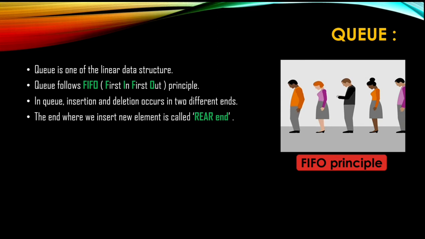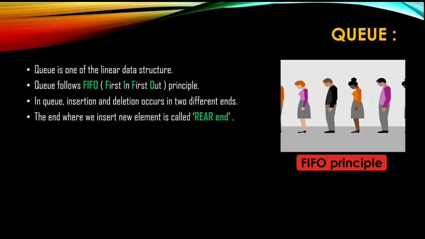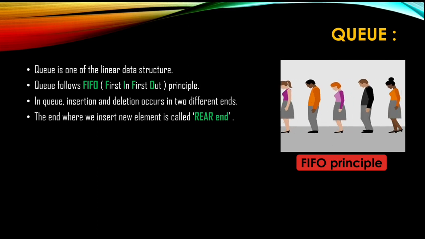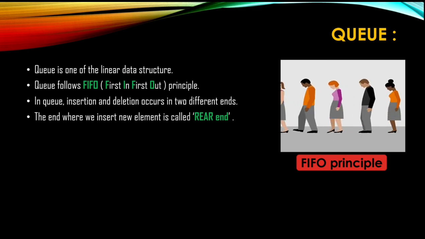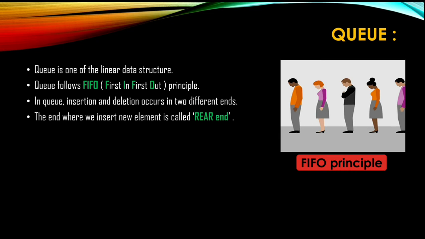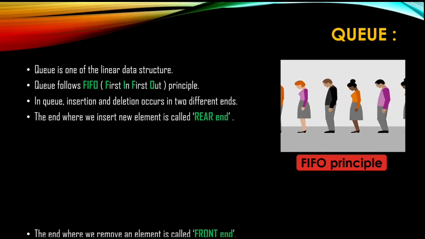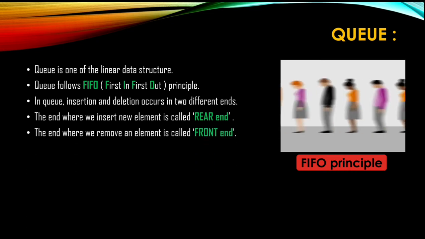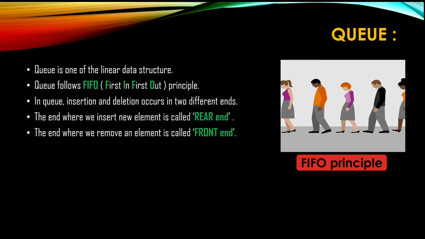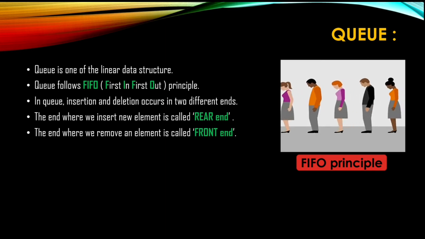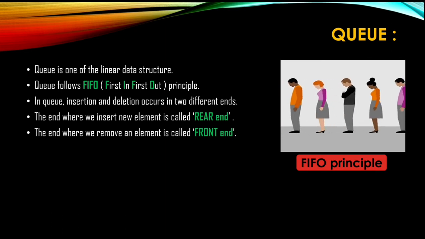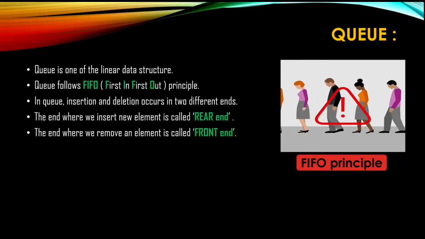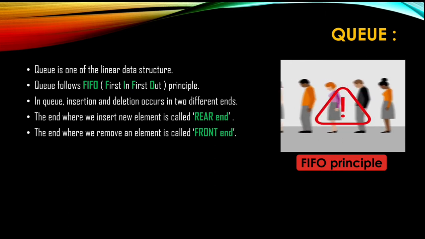And when we insert an element, some name should be there so that we can specify both the ends. When we insert an element, it is named the rear end. When we delete or remove an element, that is the front end, because the first person is standing in front and the first person will be removed first.